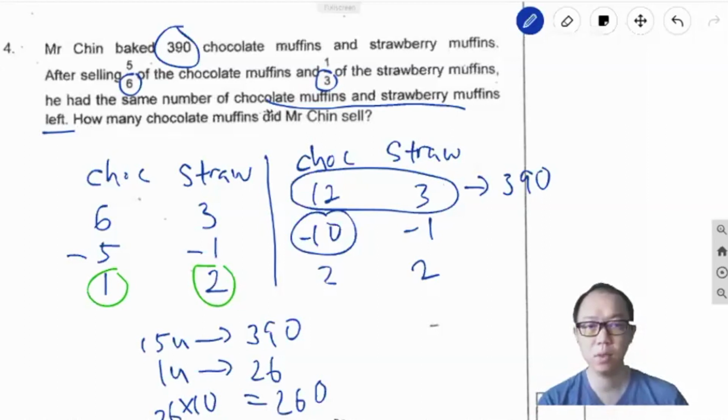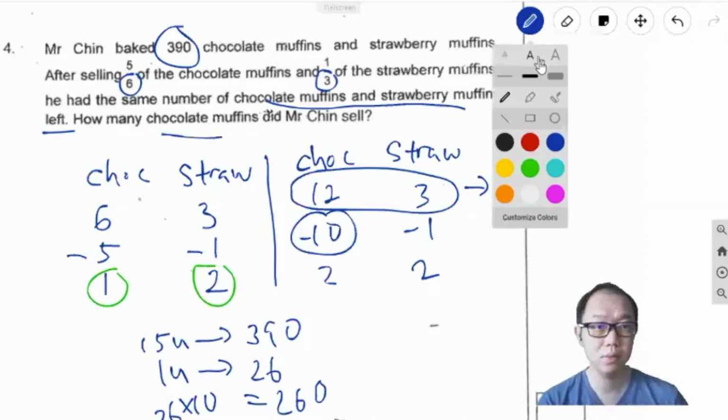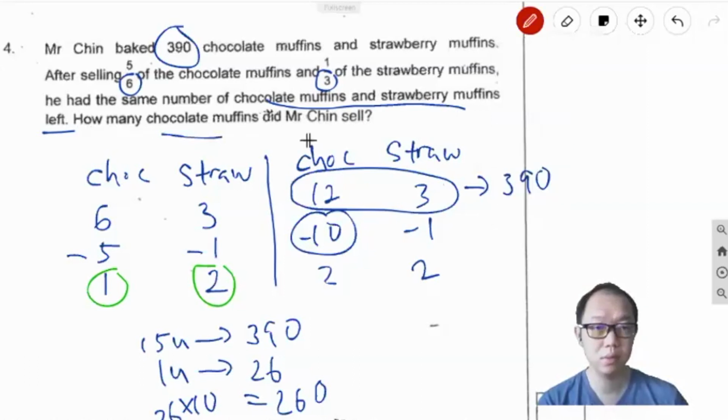So I will use a simple before and after to do this. Isn't 15 the number sold? No, they only ask for chocolate muffin. So chocolate muffin is right here. This chocolate is 10.